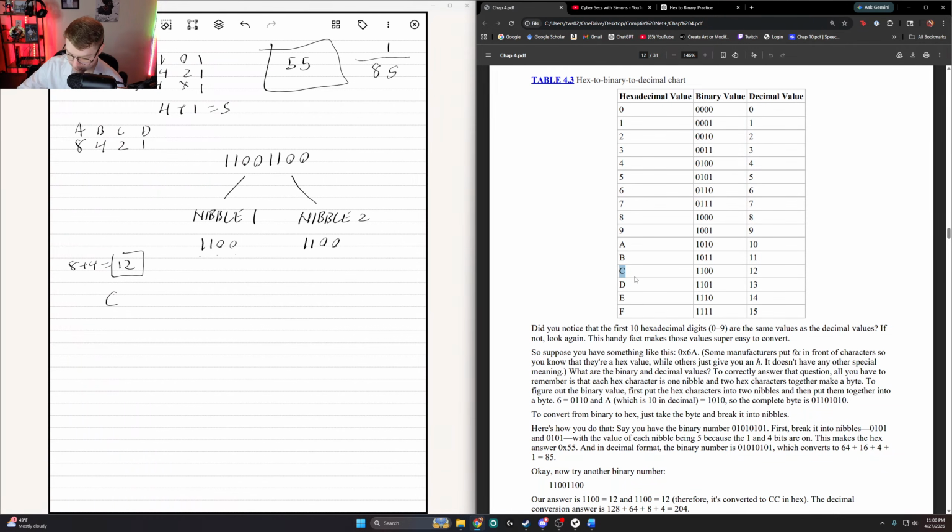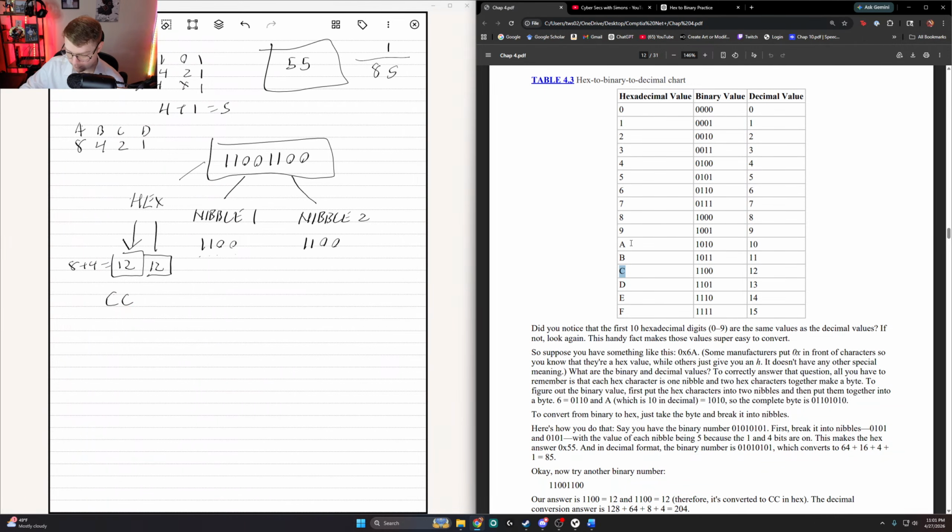So we add those to get the value of 12, and that gets us the character of C. So if we converted this to hexadecimal, we get the decimal value of 12 and 12, which would be C and C.